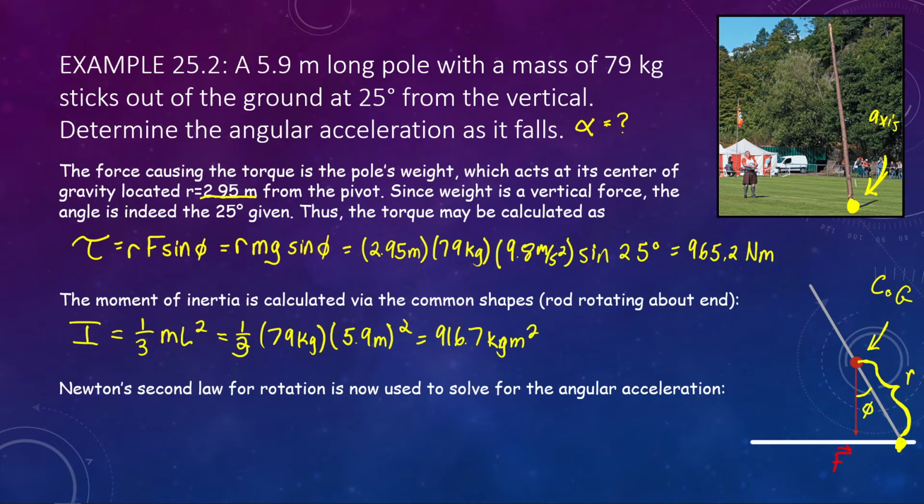So we are now ready to solve for the angular acceleration alpha. We have the equation from Newton's second law for rotation that torque is equal to I alpha. So if we wanted to solve for alpha, we simply take torque divided by moment of inertia. I just wrote J by accident. Torque tau over moment of inertia I. So we have both of those numbers.